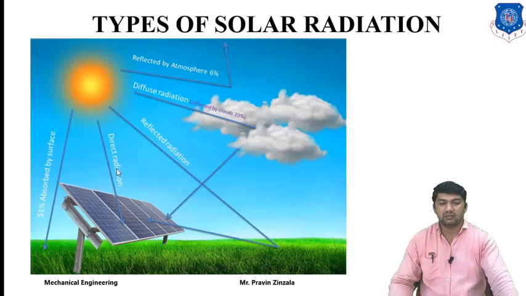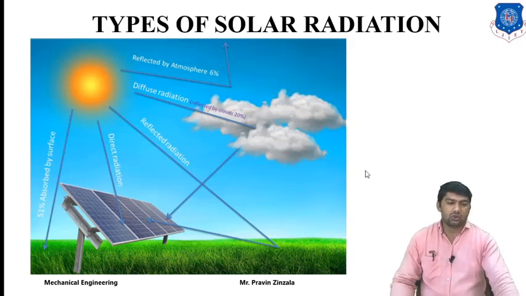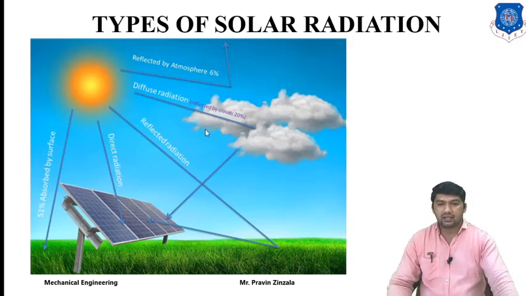The intensity of direct radiation is always greater than the intensity of diffuse radiation. In sunlight we receive direct radiation as well as diffuse radiation. The third type of radiation is total radiation, which is the summation of direct radiation and diffuse radiation.